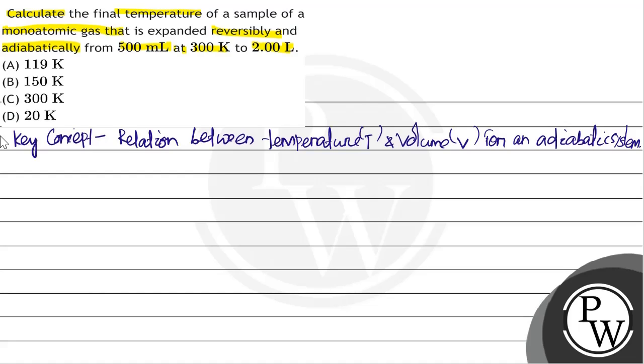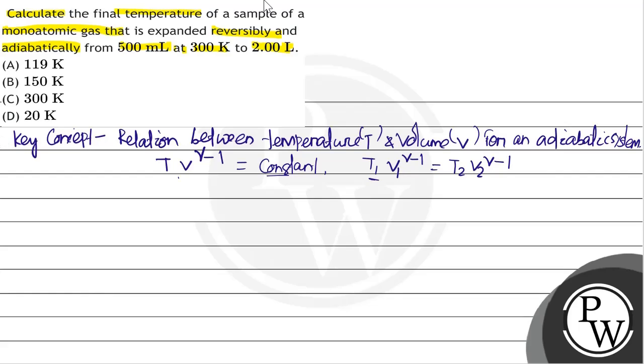The formula we have is T V to the power gamma minus 1 is equal to constant. So here we will use T1 V1 gamma minus 1 equal to T2 V2 gamma minus 1. We can modify this equation to this.